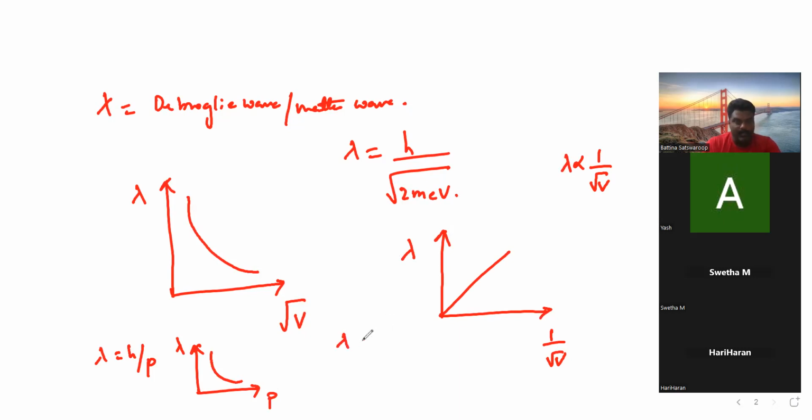Also lambda equals h by root 2mK, so lambda is inversely proportional to root K. For K also, no problem, we get the same: lambda and K are inversely proportional. Okay, yes, sir.